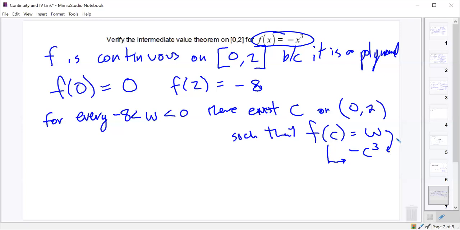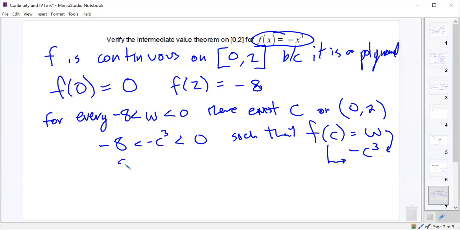Negative c cubed. Right, w equals negative c cubed. f of c is negative c cubed, f of c is w. So if I replace the w with negative c cubed, we end up with a new inequality, negative 8 is less than negative c cubed is less than 0, which we should be able to undo and turn into an inequality that shows that c is between 0 and 2.